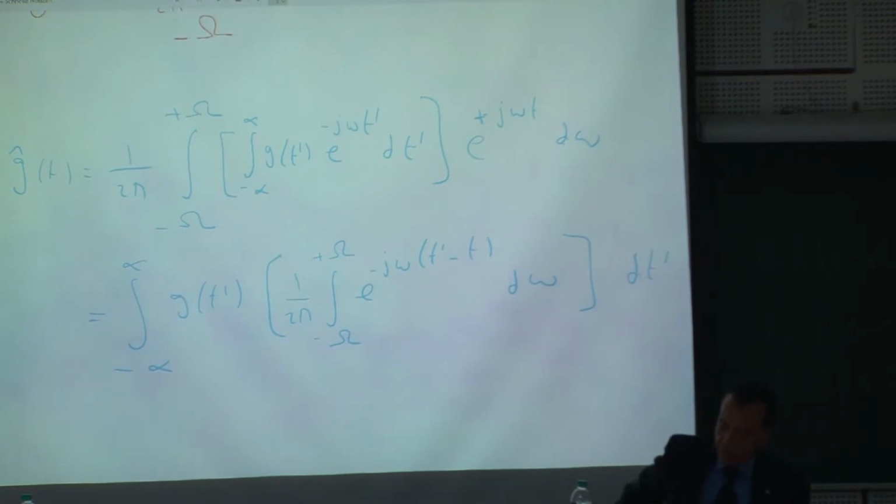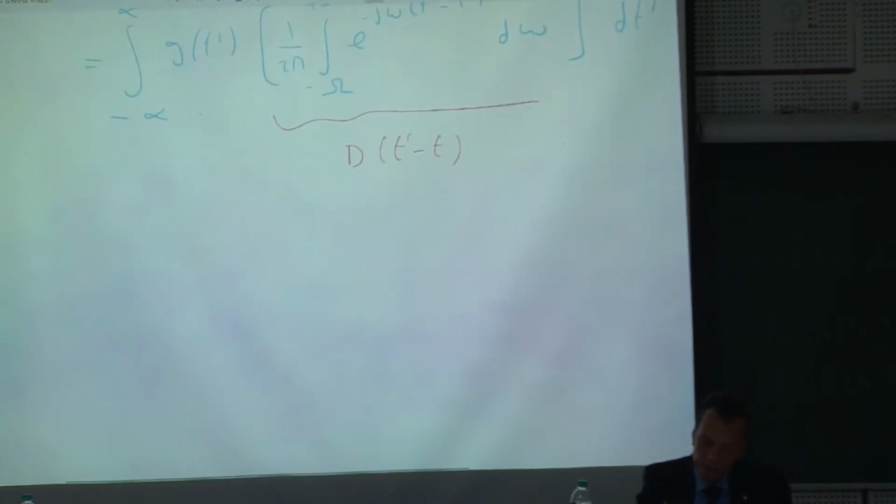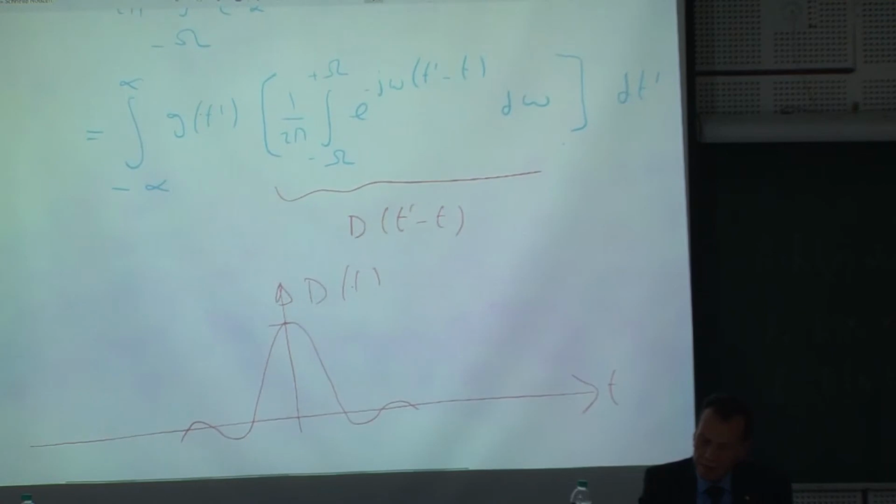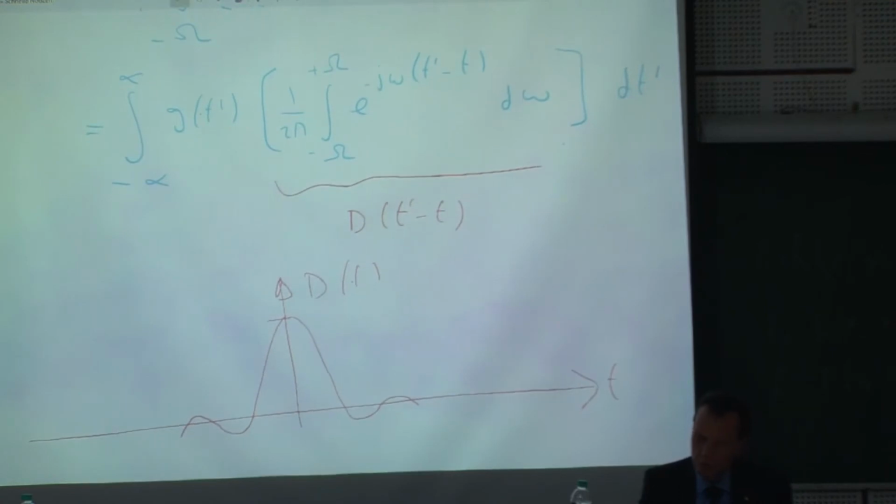So let us call this one here d of t dash minus t. I think you will recognize immediately it is a sinc function, right? So because d of t itself, forget the peak now, because the peak should be proportional to the bandwidth.